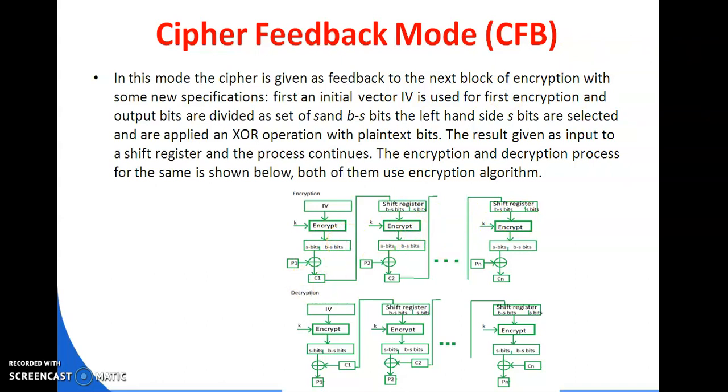The leftmost J bits resulting from this encryption process are XORed with the next J bits of the plaintext. The resulting ciphertext portion is sent to the receiver. The shift register containing the IV is left shifted by J bits. The J bits of the ciphertext are inserted from the right into the shift register containing the initialization vector. So this is your CFB method.